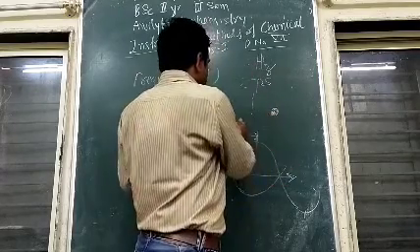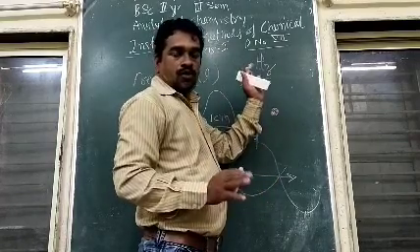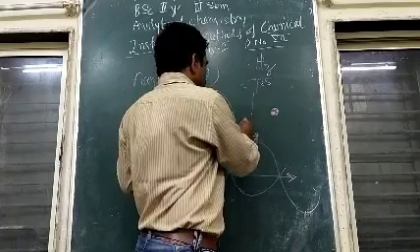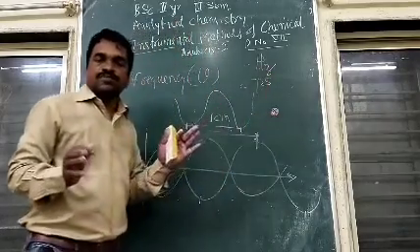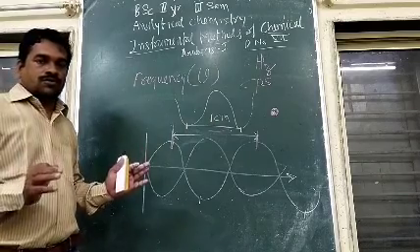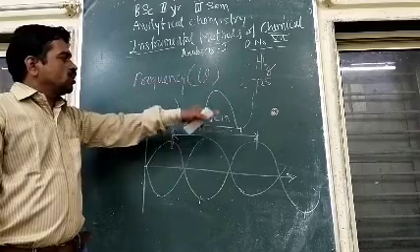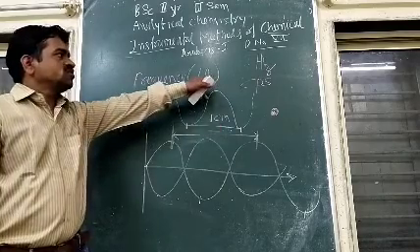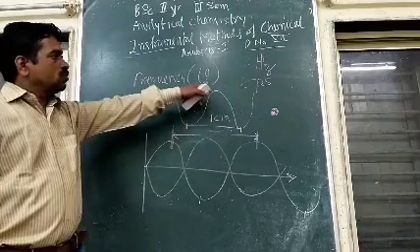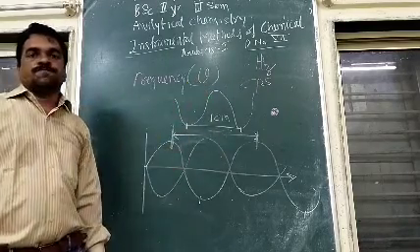If it passes 2 times in a second, the frequency is 2. If it passes through the point 3 times, then the frequency is 3. Likewise. Now, how is this related to wavelength? What will be the effect of wavelength on frequency? When we increase the wavelength, what will be the frequency? If we decrease the wavelength, what will be the frequency?